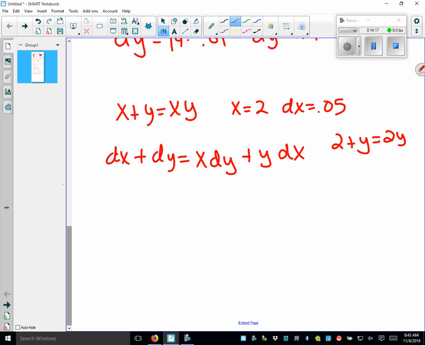So I'm going to move y to the right. So 2 equals y. Now for this equation, I can plug in x, y, and dx.